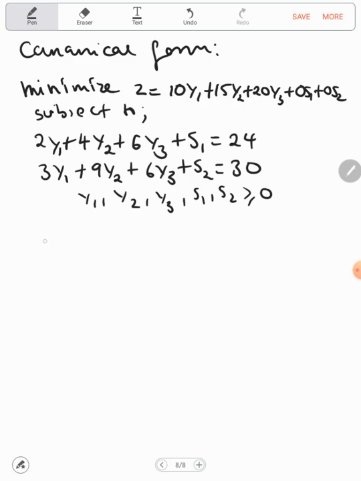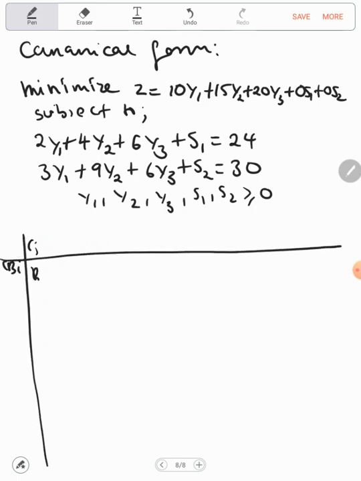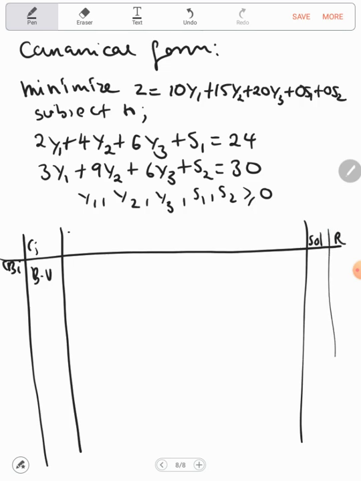So this is the table which has Cj, CBi, basic variables, solution and ratio. And the variables that we have: y1, y2, y3, s1 and s2. Then this is 10, 15, 20, 0 and 0.